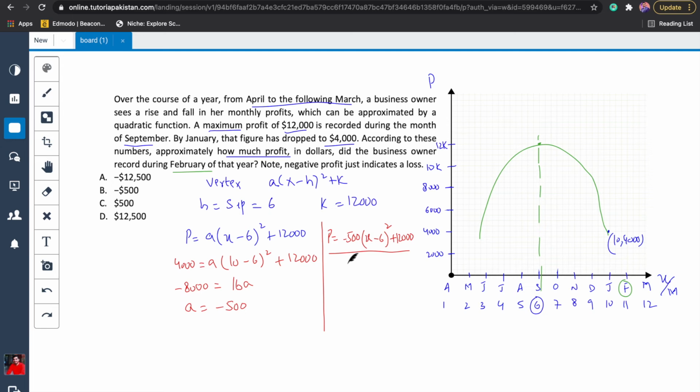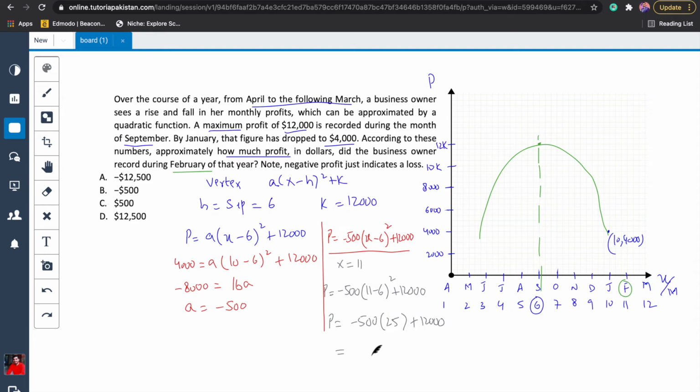Okay, so if x equals 11, profit is basically minus 500, 11 minus 6 whole square plus 12,000. Let's do the math. We have profit equals minus 500 into 11 minus 6 is 5, 5 squared is 25 plus 12,000. You can use a calculator here.